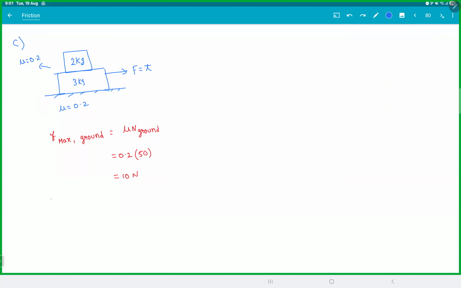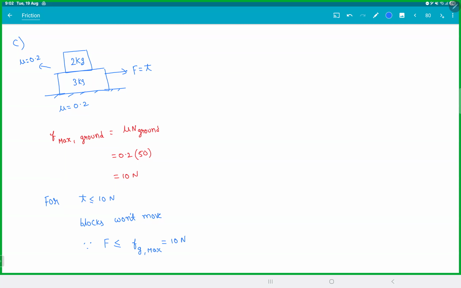So for t less than 10 seconds, blocks won't move only, because the force F is less than F ground maximum, which was 10 newtons.